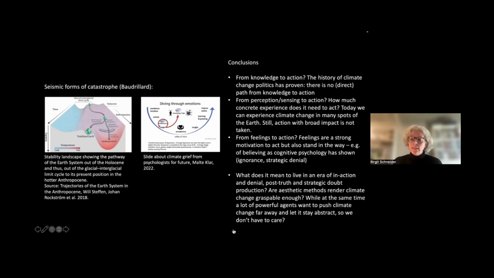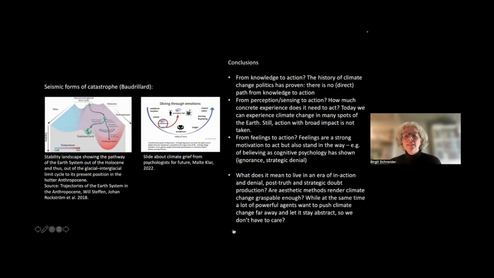Are aesthetic methods which render climate change graspable enough at all? The ones I showed you from the years 2007 to the 2010s. At the same time, a lot of powerful agents want to push climate change far away and let it stay abstract, so we don't have to care.